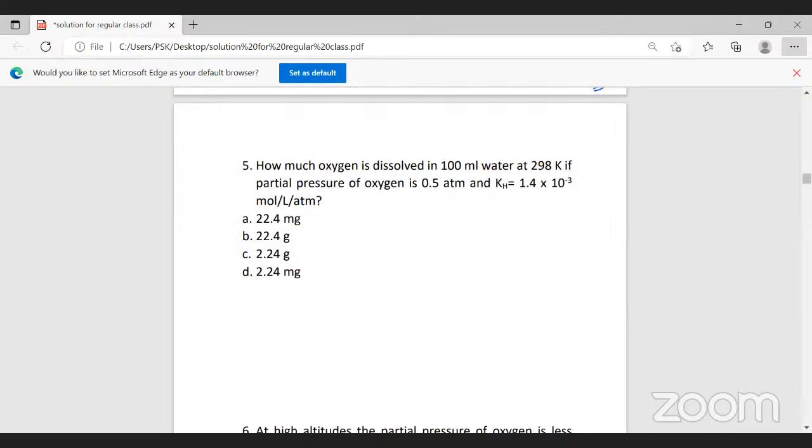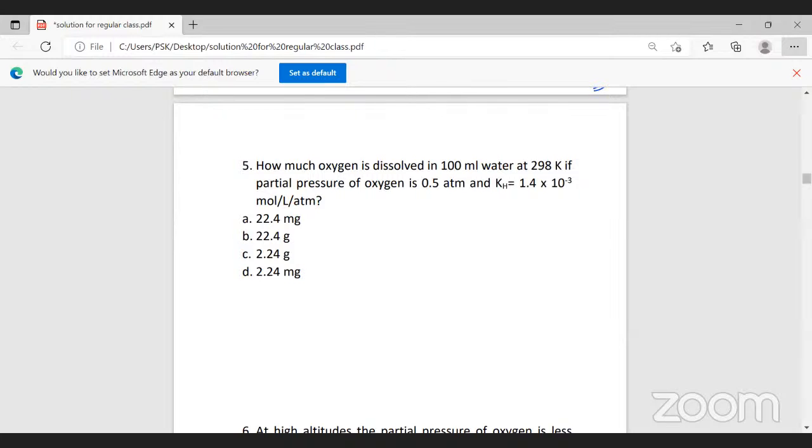How much oxygen is dissolved at 290 Kelvin if the partial pressure of oxygen is 0.5 atmosphere and the KH value they've given is 1.4.